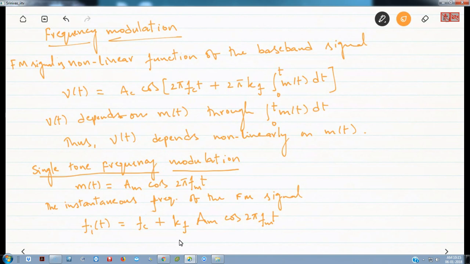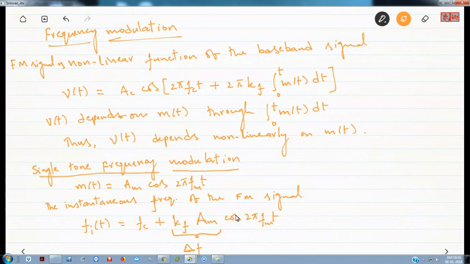Yeah. So now that means the instantaneous frequency of the frequency modulated carrier signal. So f_c is the unmodulated frequency. When there is no modulation, the frequency of the carrier is f_c, and then when there is a modulation, the frequency changes like this. And let's call this as delta f. Okay. So this delta f is called the frequency deviation. I hope you have noted it down, right?